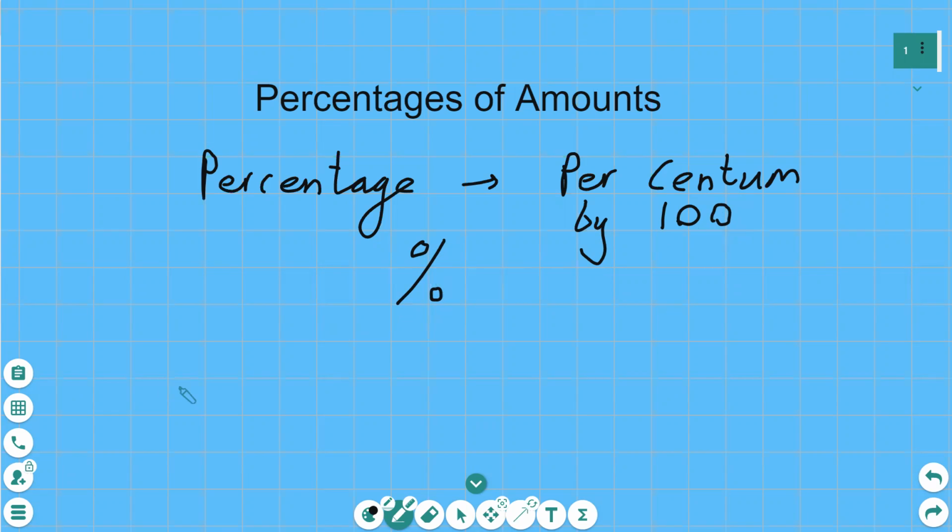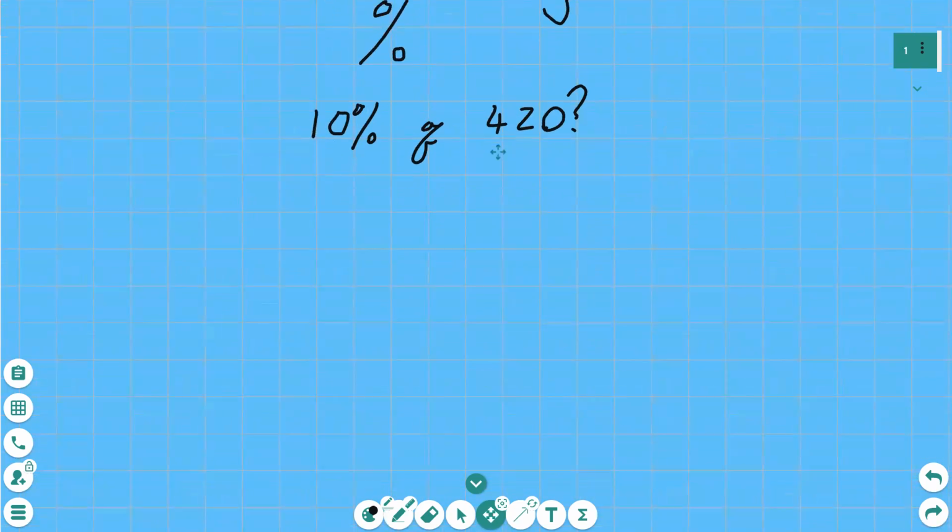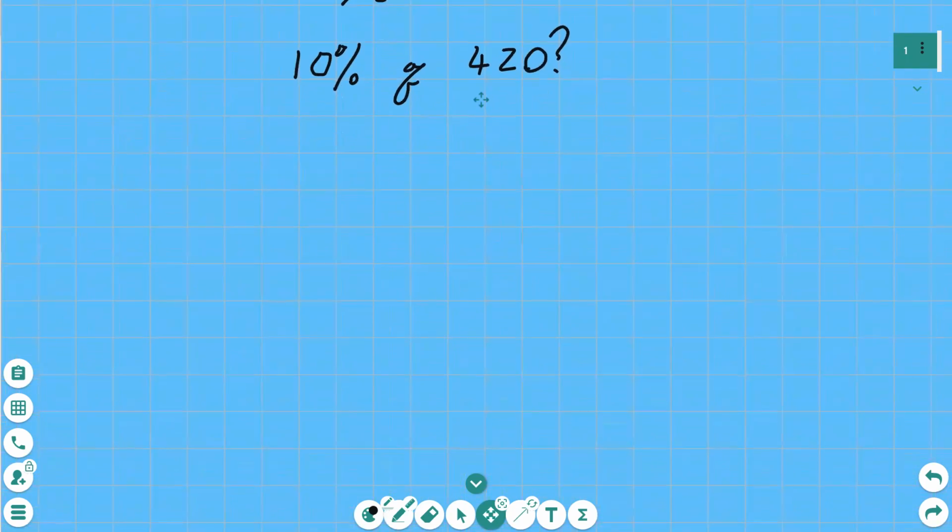So you might, for example, have a question like, what is 10% of 420? Question mark. So with maths, often the best way of thinking about it is visually, to have a picture in your head of what it means.